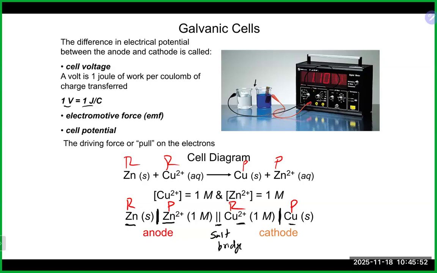Some things that you may see in these cell diagrams, as you can see here, this is standard concentration of 1 molar. If it's not 1 molar, they may also put in the actual concentrations. They may also exclude the concentrations. If they do, you can probably assume that it's 1 molar. Otherwise, they would put it.